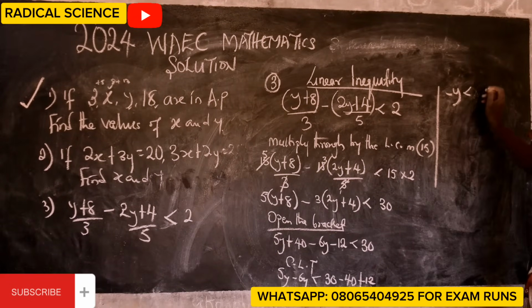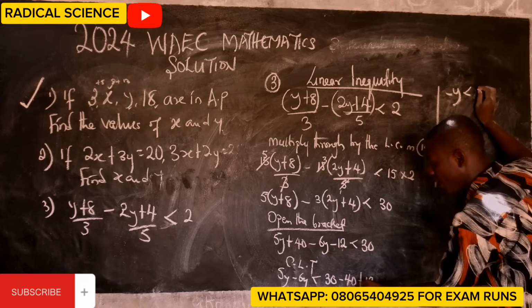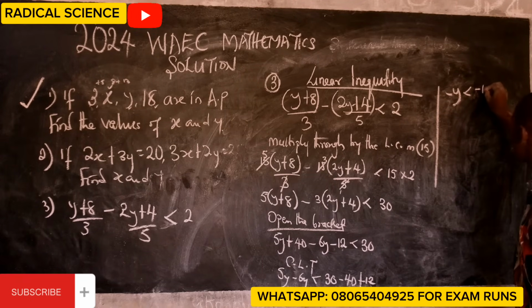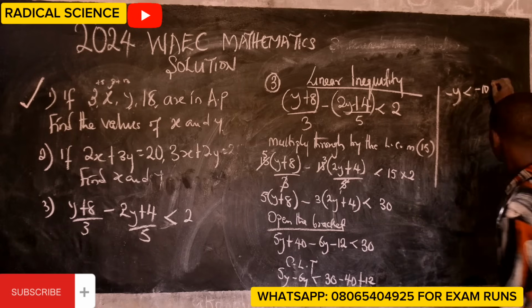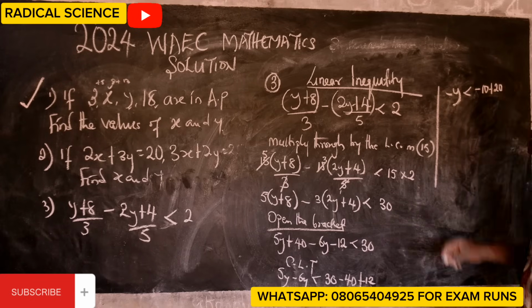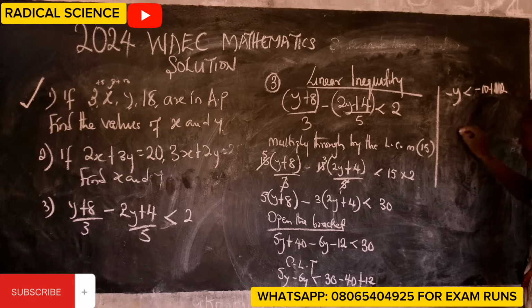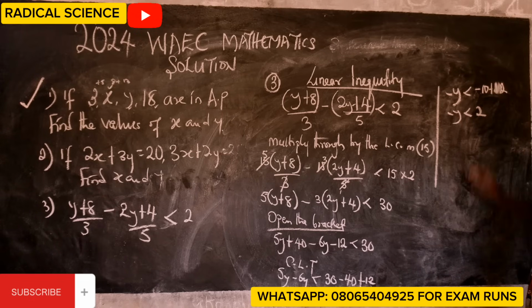I have 30 minus 40 is minus 10, plus 12. Using your number line, know that minus 10 plus 12 is positive 2.